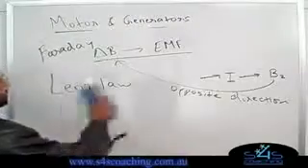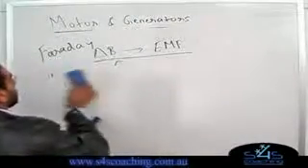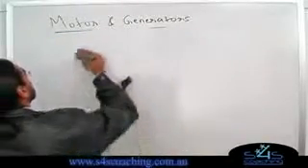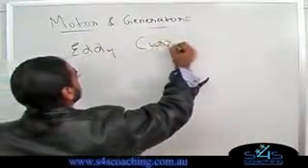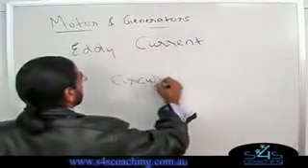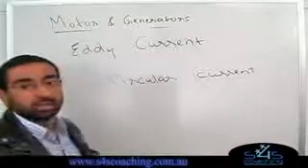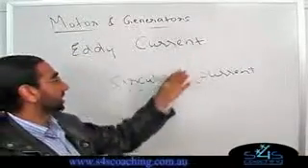The next concept we're going to have a look at is eddy currents. So eddy currents are almost a consequence of Lenz's law. All eddy currents are circular currents in bulk metal. So as a consequence of Lenz's law, eddy currents are generated.